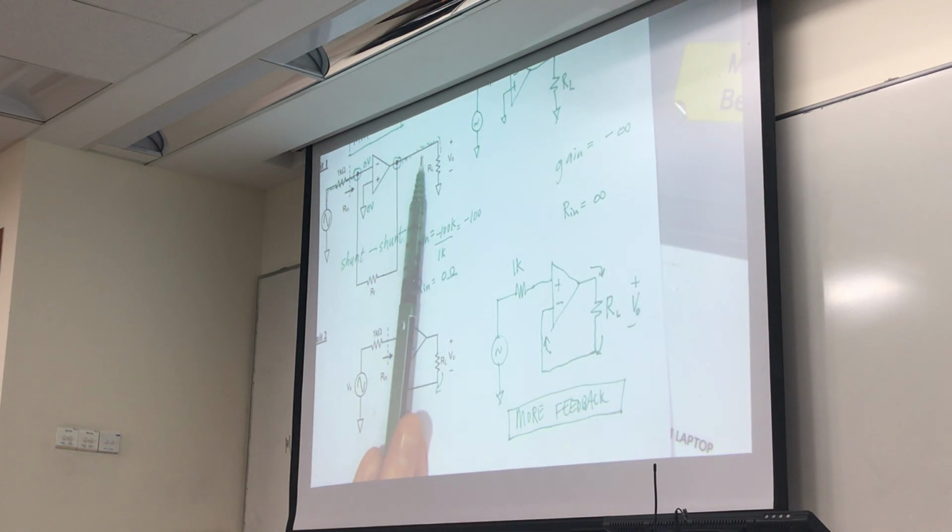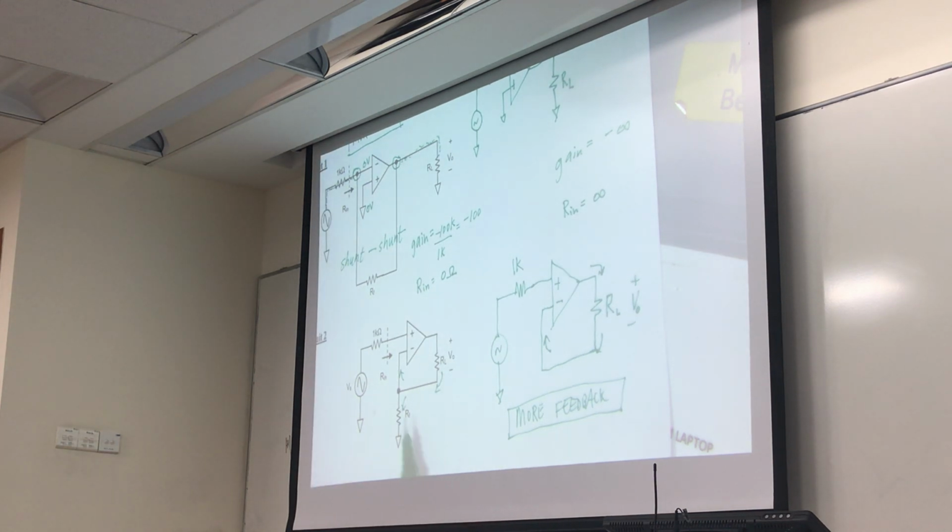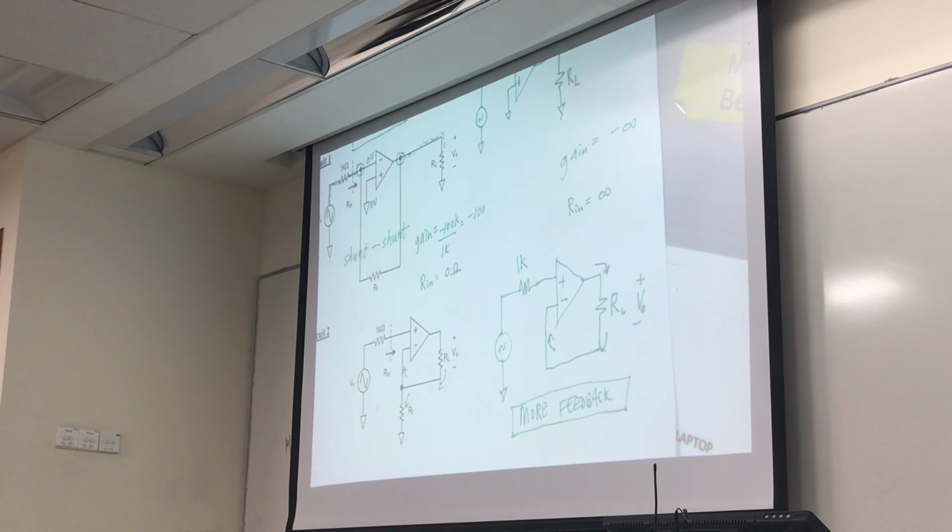You're sampling the voltage at the output pin. With series feedback, you're not sampling the voltage, you're sampling the current that's gone down through the load resistor. And in fact, that's exactly what makes series feedback different from shunt feedback, and that's also why they have opposite effects on the input and output impedances, because one is related to the current and one is related to the voltage.